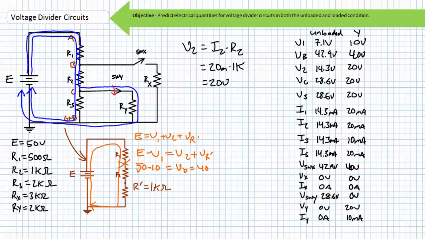Compare and contrast the values we obtained during unloaded conditions and that when switch Y is closed. Not one of the values we obtained are identical, with the exception of the current through the open switch X and the voltage drop across the unconnected load resistor Rx.